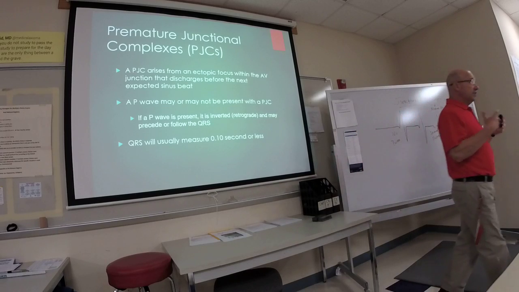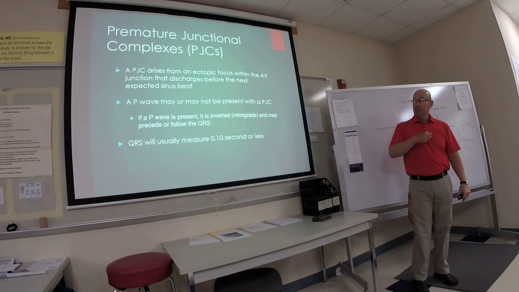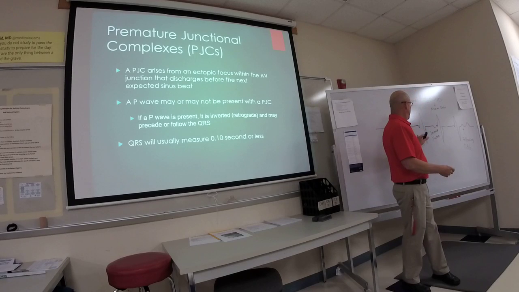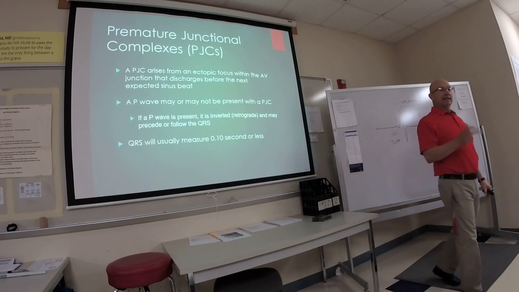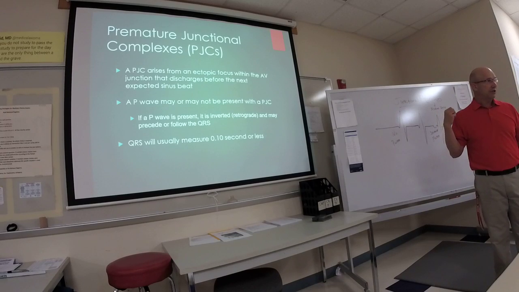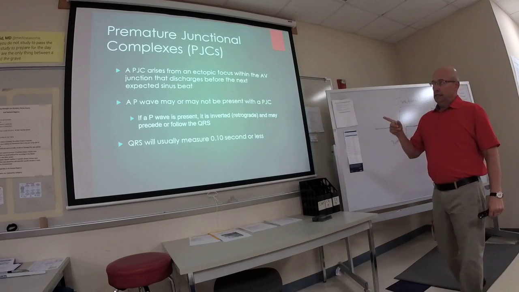So for some reason, at that junction, it decided to prematurely depolarize, producing a premature junctional contraction. Everybody good with that? It's the same as the PACs, except it's coming from a different location.